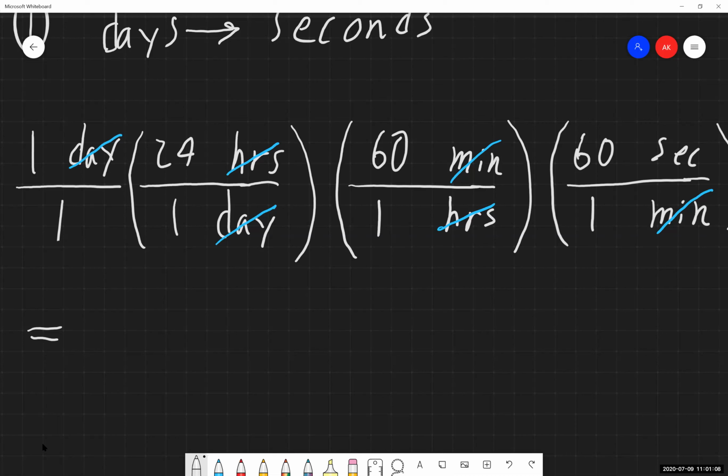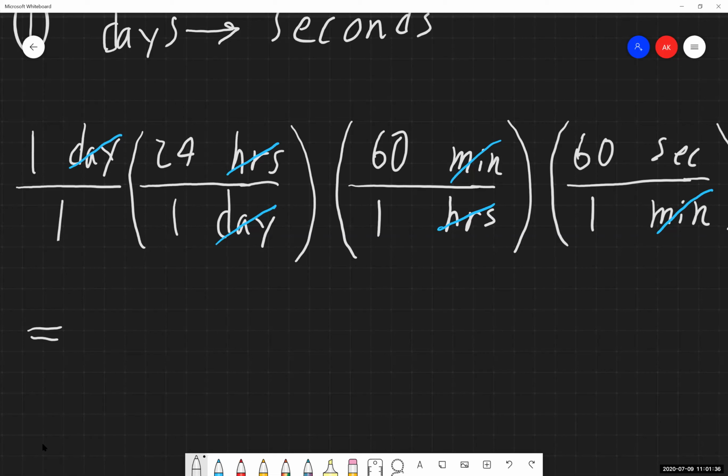So our first step, we just wrote everything out and canceled units. Now we're going to let the calculator do all of this number crunching for us. So I have 4 fractions multiplying together. We multiply fractions straight across. So if I multiply the numerators together, I'm going to have 1 times 24 times 60 times 60. And you can plug all of that into your calculator and it can do that number crunching for you.